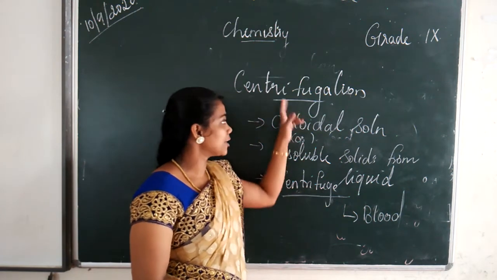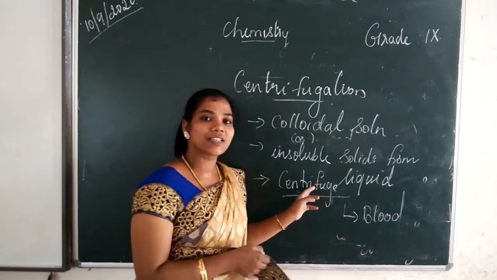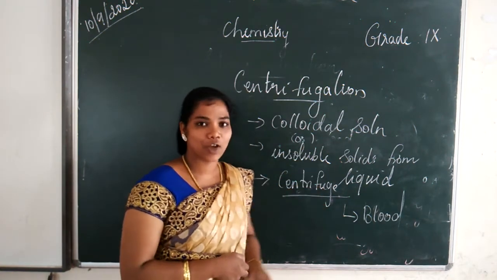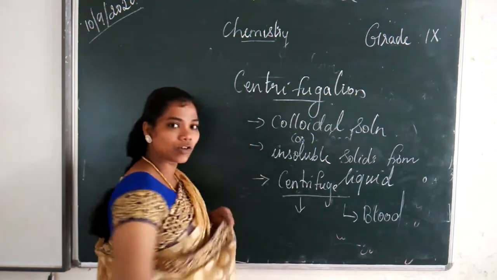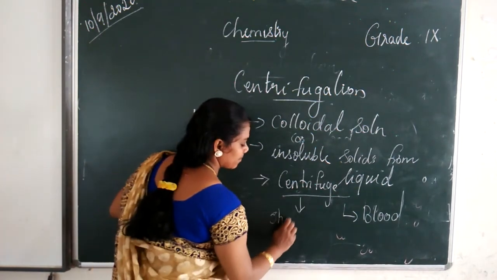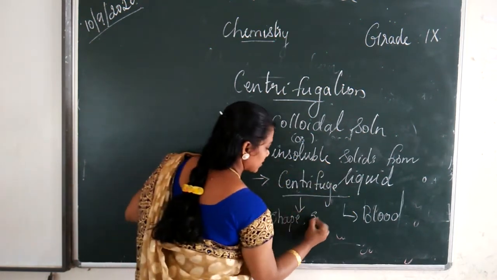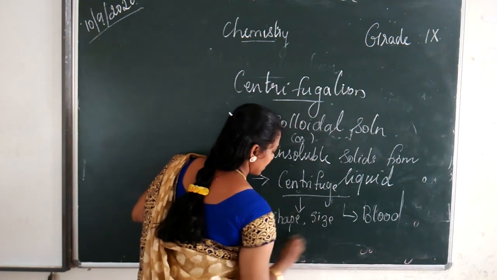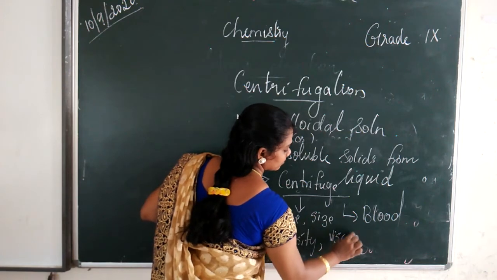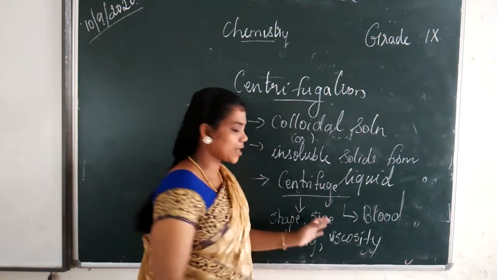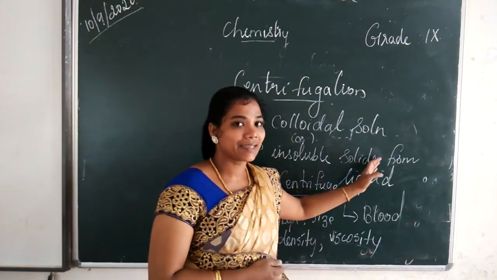So centrifugation is done with the help of what? The centrifuge. With the help of the centrifuge, the small insoluble solid particles can be settled down. And how the particles settle down is based on the size, shape, density and viscosity of the solids. With the help of the centrifuge, the insoluble solid particles get settled down.